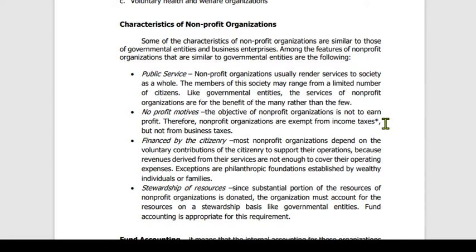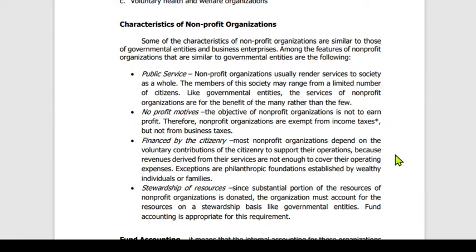So yun lang muna ang coverage under the concept of nonprofit organizations, because we will be focusing on the presentation of the financial statements, how they recognize transactions, anong mga account titles ang ginagamit, anong mga funds ang ginagamit, rather than dealing with the taxation side of the accounting for nonprofit organizations.